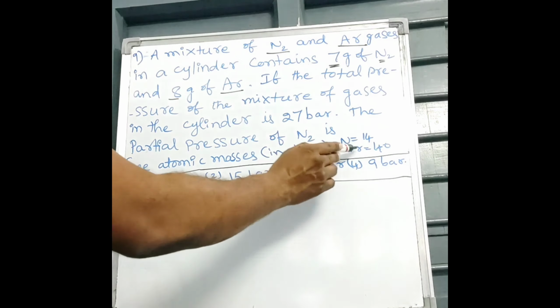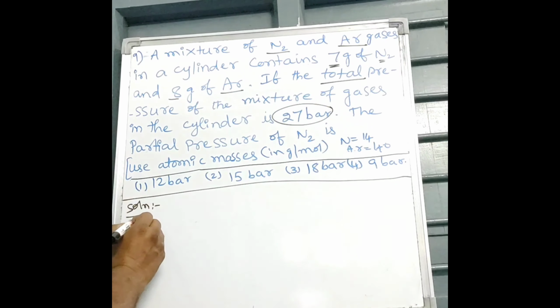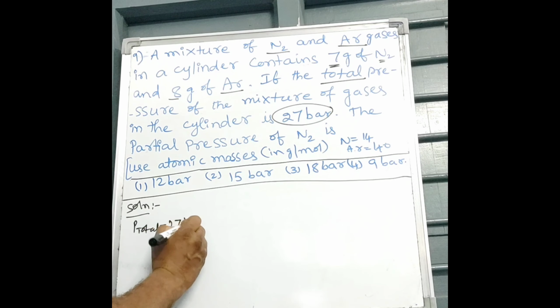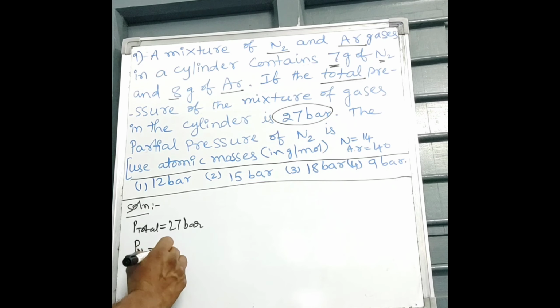If the total pressure of the reaction mixture of gases in the cylinder is 27 bar. So P total, how much, students? P total is 27 bar in the problem. What is the partial pressure of N2? He is asking the partial pressure of N2.